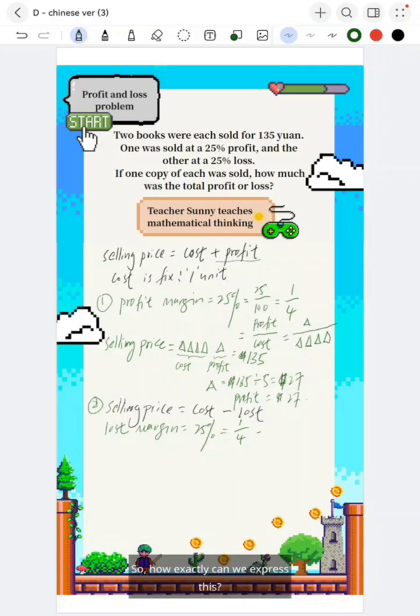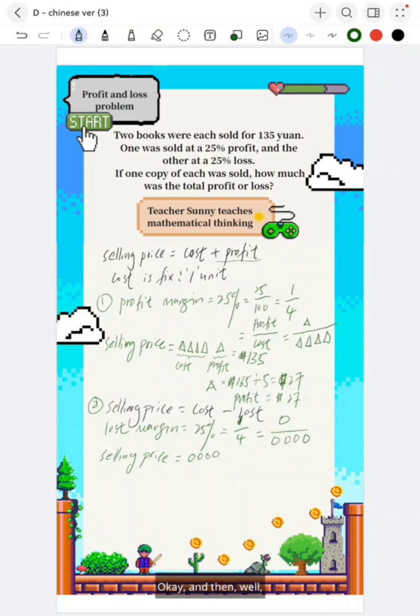So how can we express this? It accounts for one part of the cost, so if one part of the cost is lost, then there are 4 parts in total. The cost is 4 parts. Alright, so with this, we can figure out its selling price. It's also sold for 135 yuan, but the cost is 4 parts.